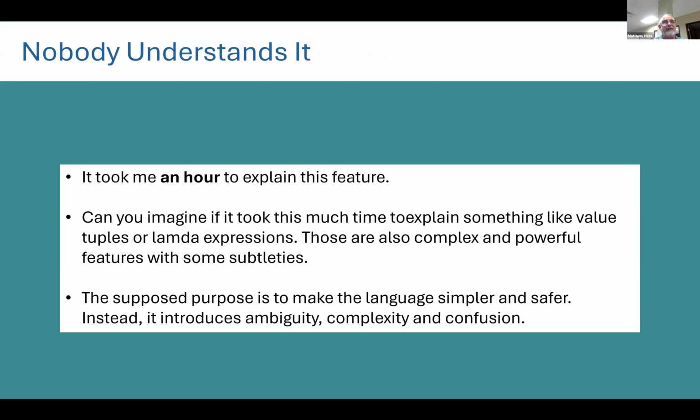Can you imagine if I was giving you a talk on something like value tuples or lambda expressions, and it took an hour? Now, those are also really cool, complex, powerful features, and they have subtleties. They have some gotchas. Value tuples, you have to understand equivalence. Lambdas, you have to understand scope. There are things that are tricky about them. But an hour?